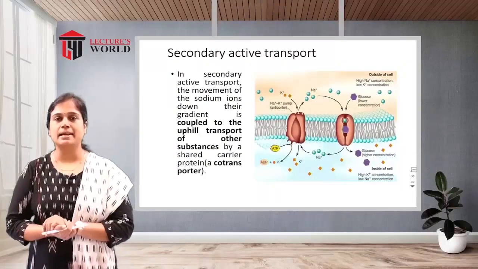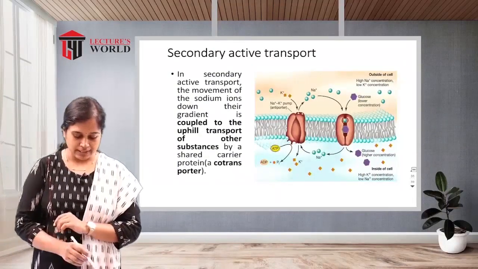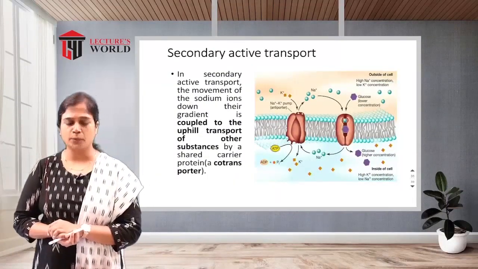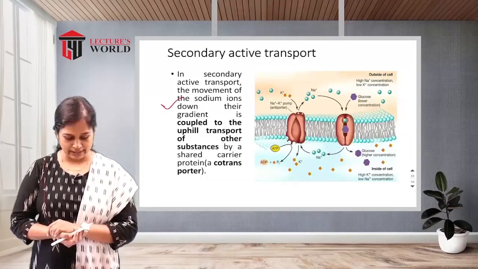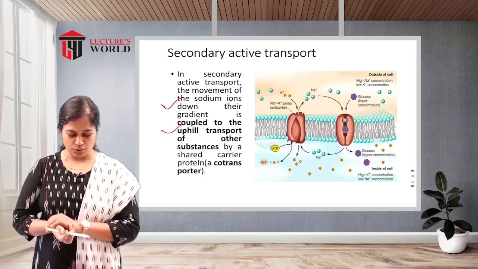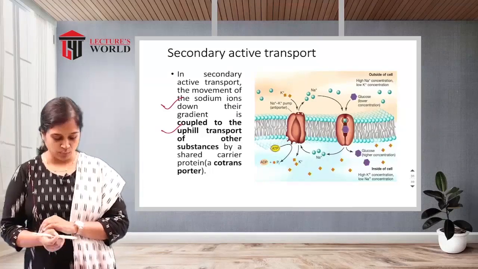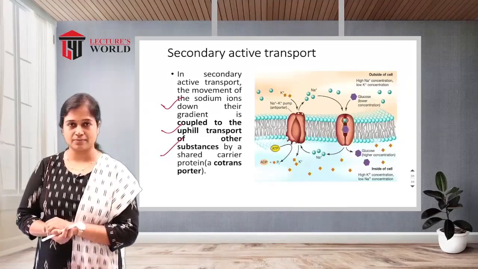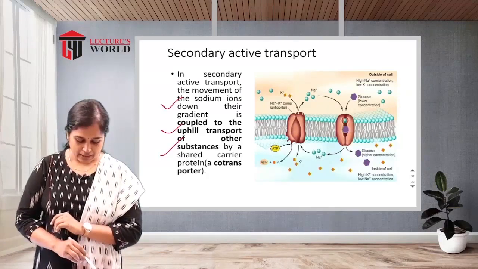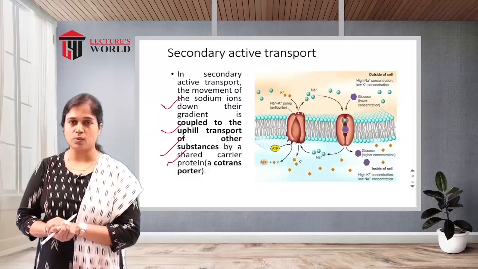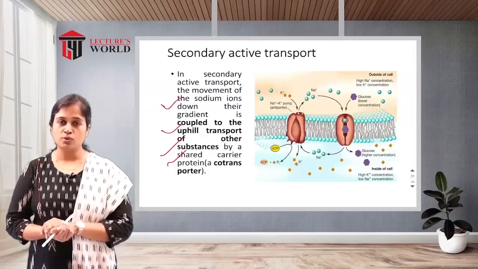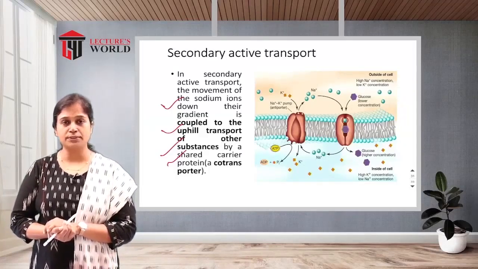Another is the secondary active transport. In secondary active transport, the movement of sodium ions down the gradient is coupled to the uphill transport of another substance by a shared carrier protein, which is called a co-transporter. So here two molecules are moved together.